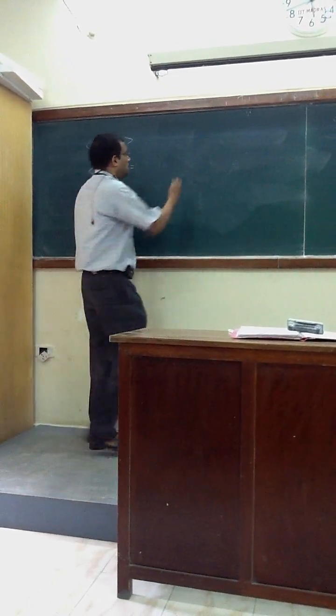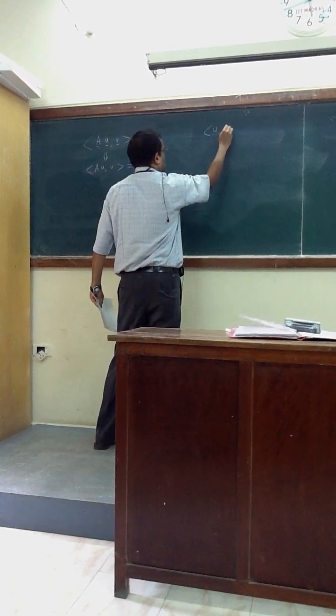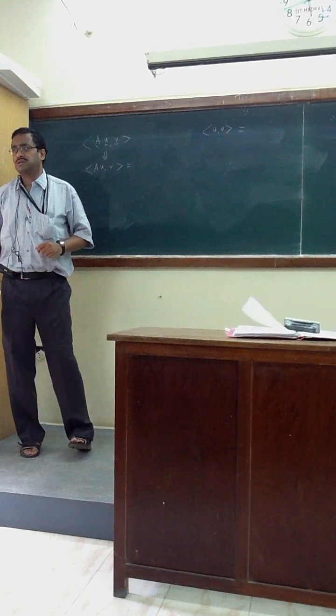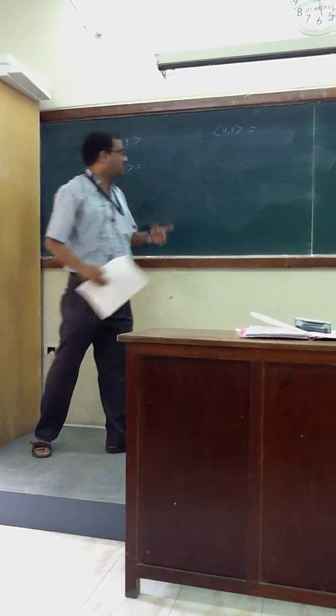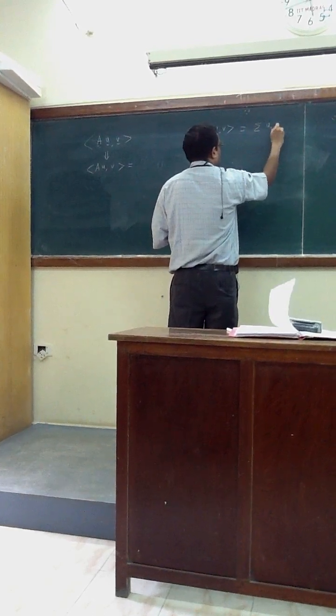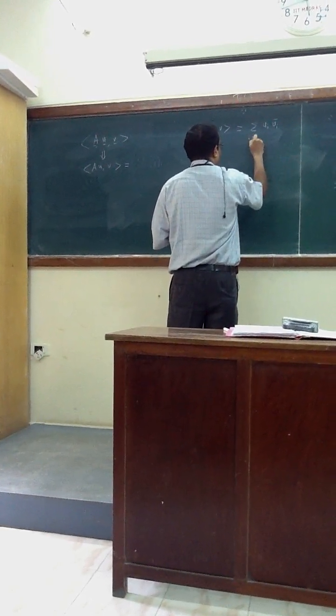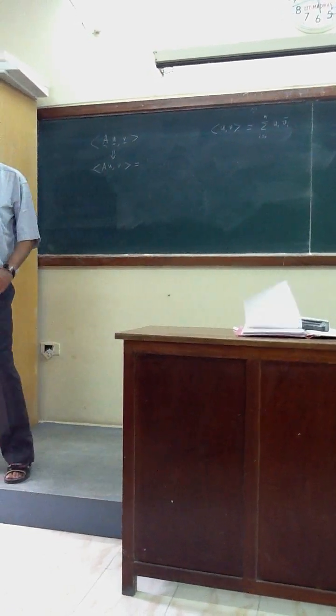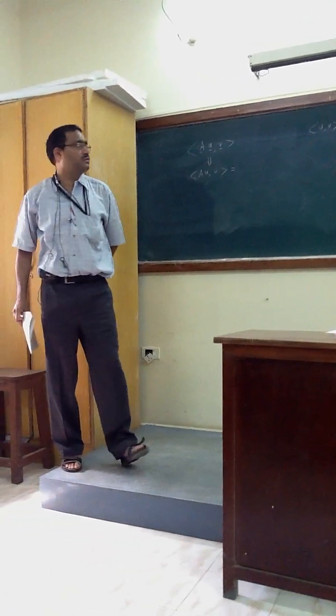Remember the definition of inner product. Can you give me the definition of inner product? It is the summation of U_i and V_i bar, i equals 1 to n, if it is real space, otherwise with the bar. U and V are both vectors in an n dimensional vector space.